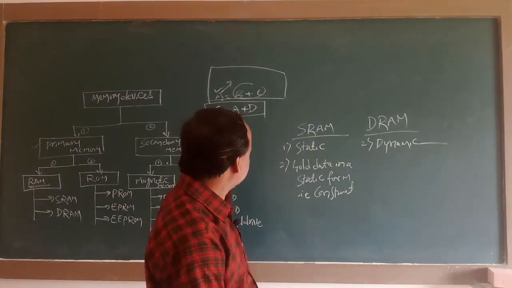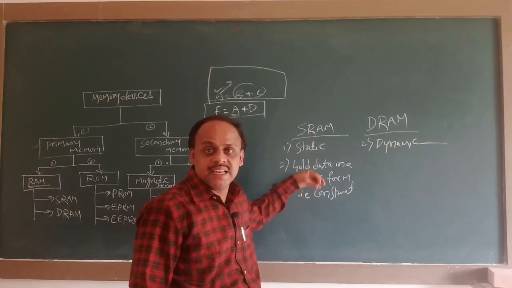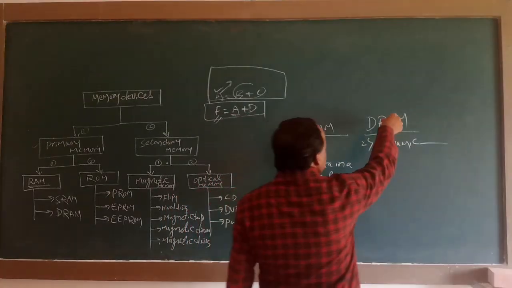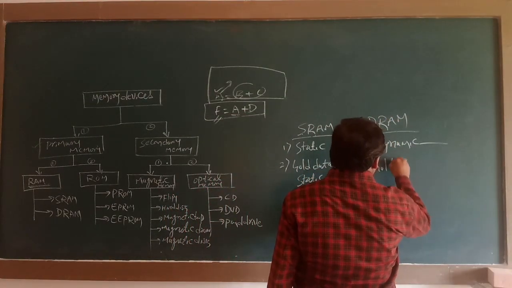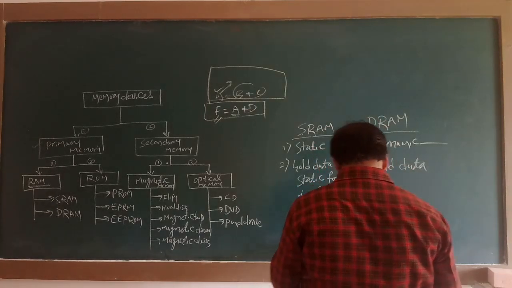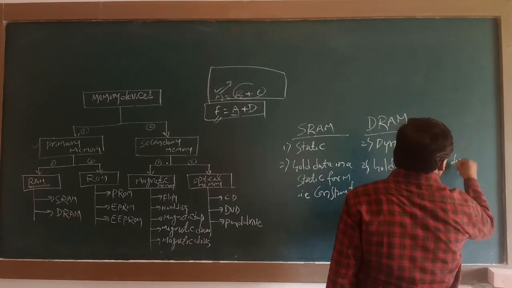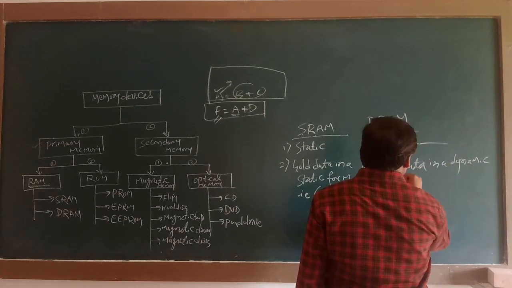Means whatever is stored in SRAM is in static form, that is going to be stored constantly, whereas DRAM holds data in a dynamic form.